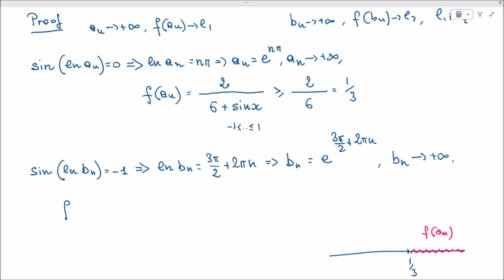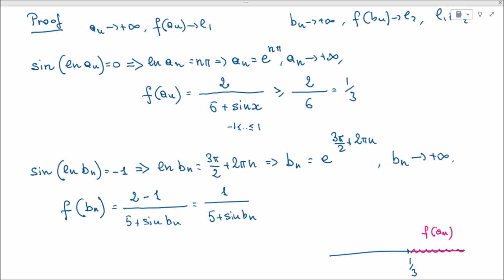And if we evaluate the function at bn, what we get now is the following: we get 2, the sine is equal to -1, so 2 minus 1 divided by 5 plus sine of bn. So this is 1 divided by 5 plus sine of bn.